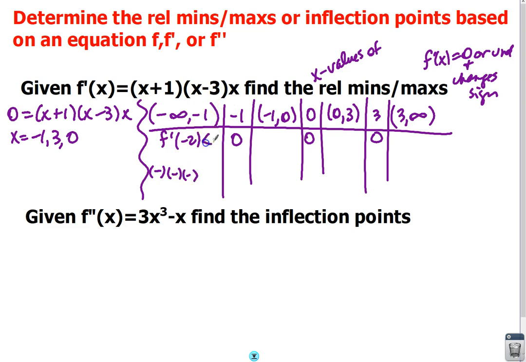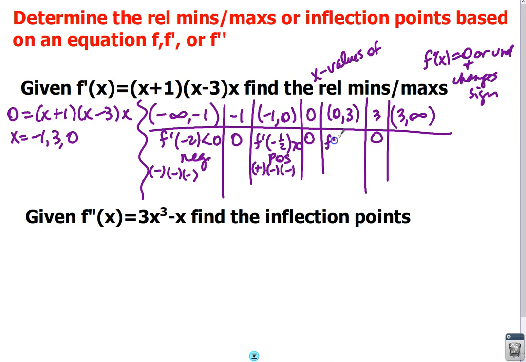That's going to be negative. Now I'm going to plug in f prime of negative 1/2. Negative 1/2 plus 1 is a positive, negative 1/2 minus 3 is a negative, times a negative. All in all, positive.